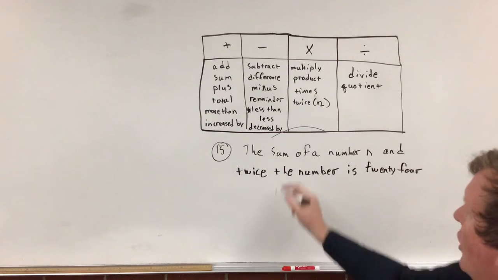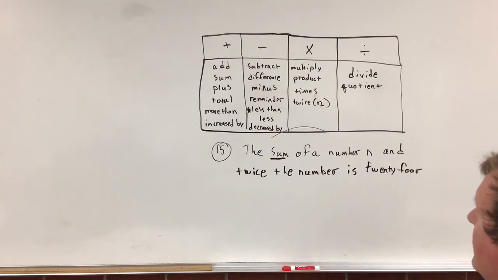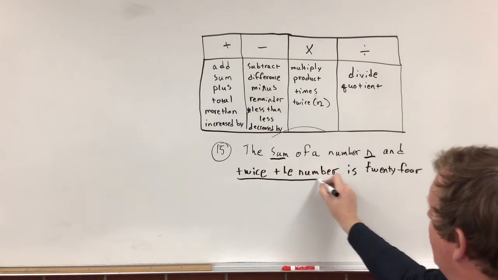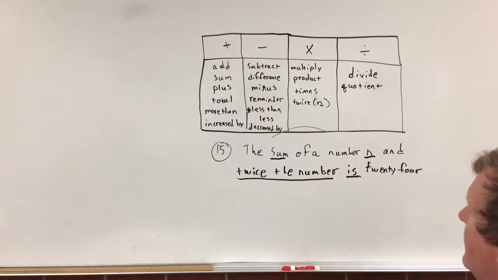Okay, so key words here. The sum, number n, twice the number, and is.